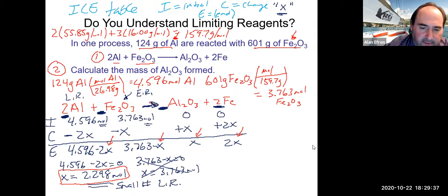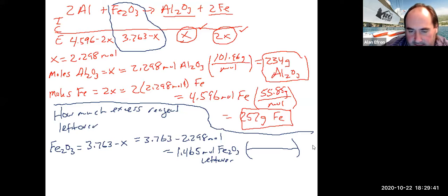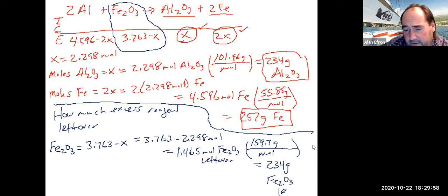So I'm just going to steal that real quick. What was that earlier? That was 159.7. And that tells us that we have about 234 grams of our iron 3 oxide left over.